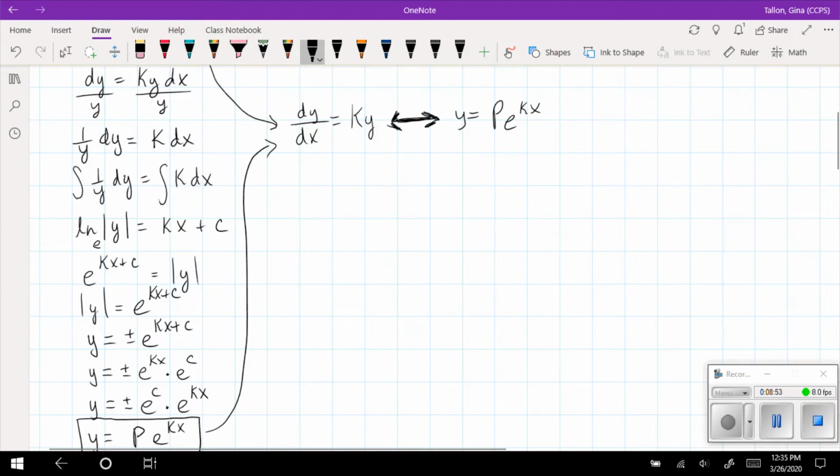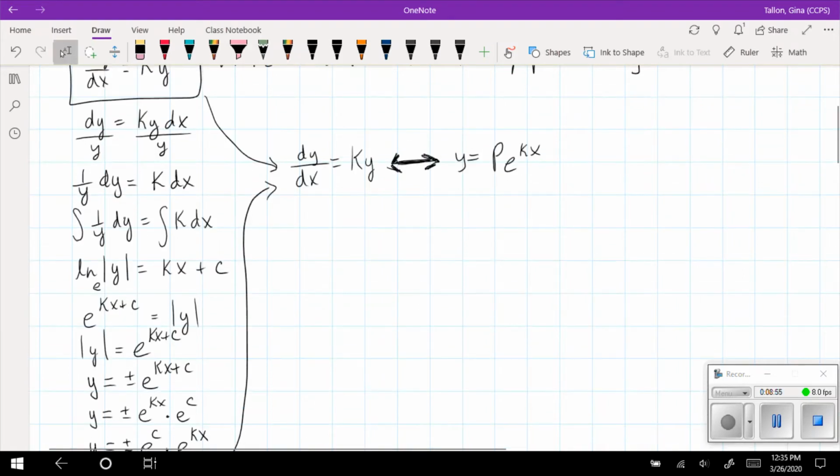which is pretty cool. Now, when we differentiate with respect to time, which normally we do differentiate with respect to time, we could rewrite this, and I'm going to do that. This is dy dt, because I'm differentiating y with respect to time now, is equal to ky, means the same thing as y equals P e to the kt, and instead of an x, I'm using a t.